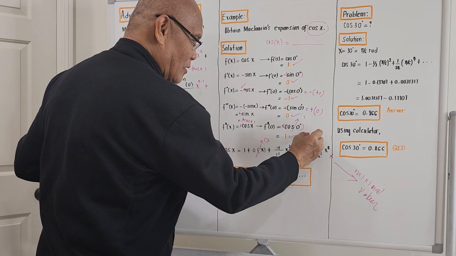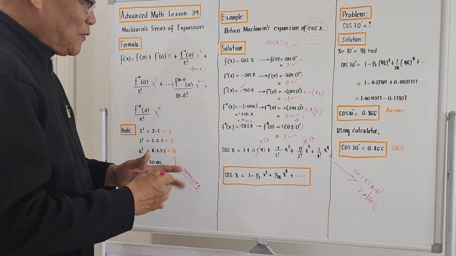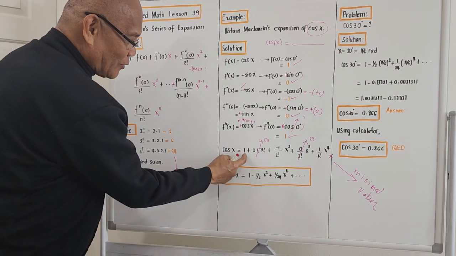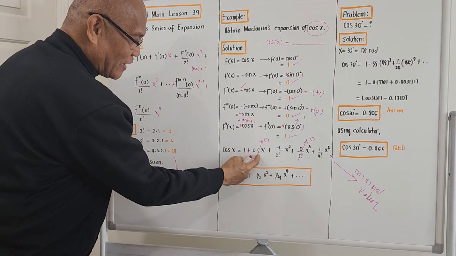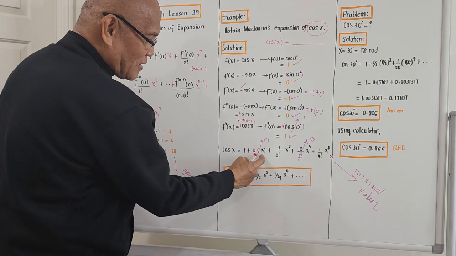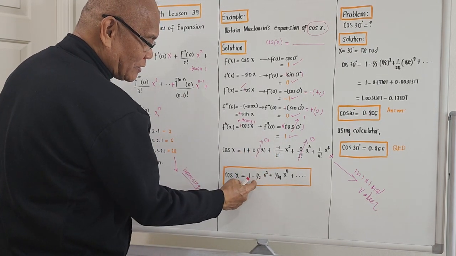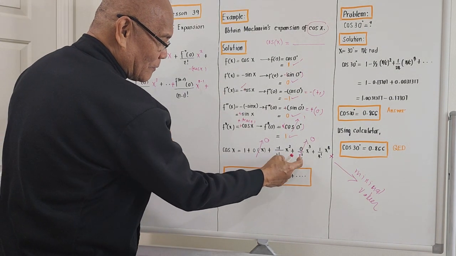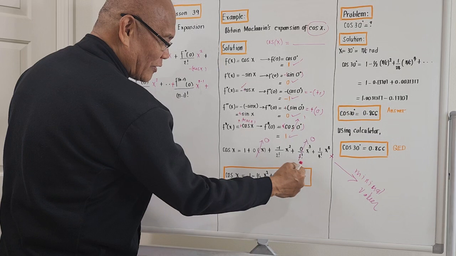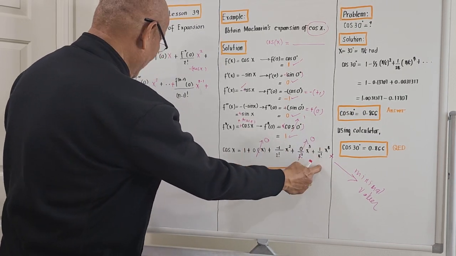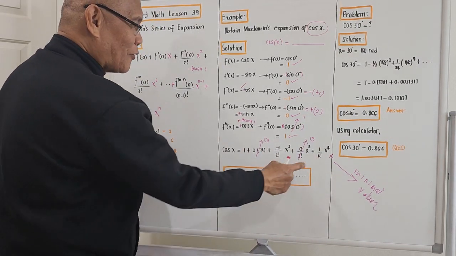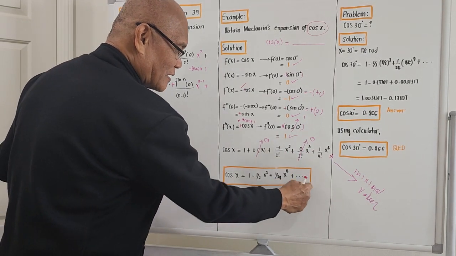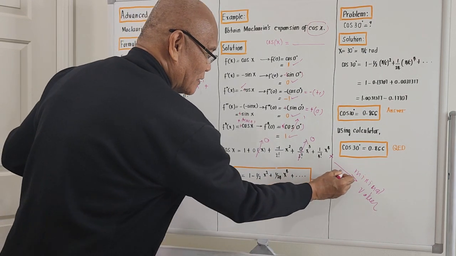So cosine of x now will be 1, plus negative 1 over 2 factorial, or negative 1 half, times x squared. This is not 0. Plus 0, which I didn't write, plus 1 over 4 factorial. 4 factorial is actually 24, so this is 1 over 24 x to the 4, plus minimal values.